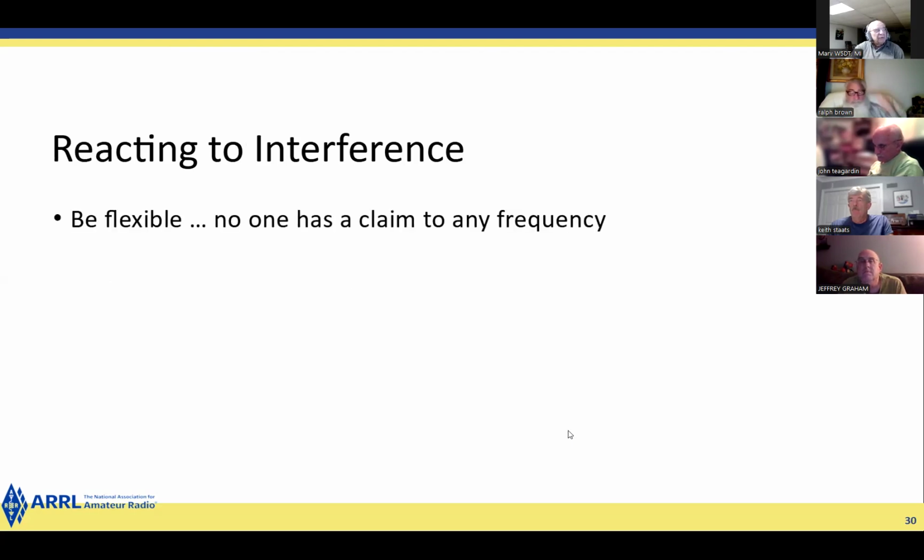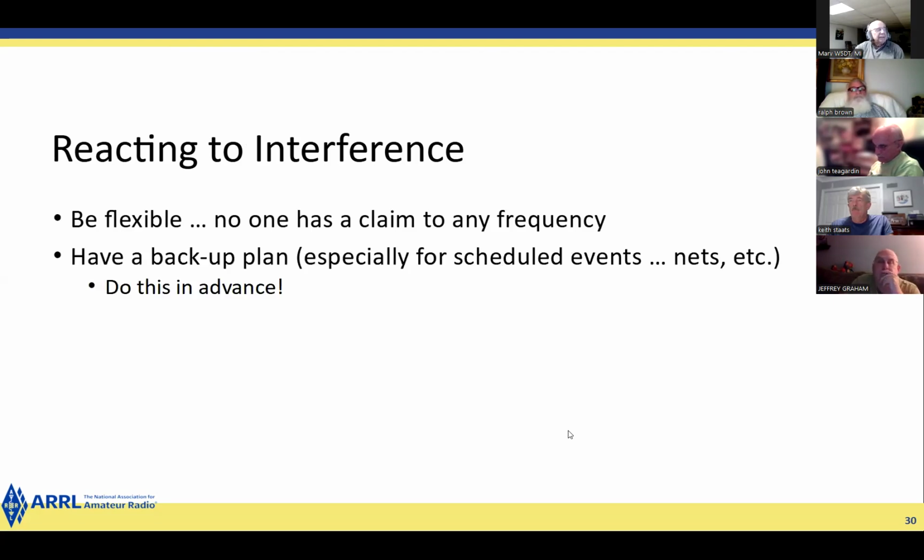Again, you've got to be flexible. No one has a right to a frequency. Got to have a backup plan. If you've got a net going, as we talked about earlier, you've got to be prepared to move.